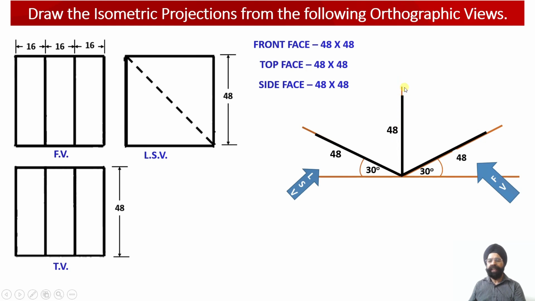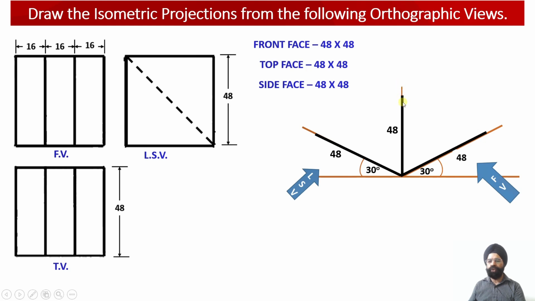We are going to get the construction of the side face, which is the left side face of the object. So if this is the direction of the left side face, then the front view will be lying on this side. So we are going to draw the front view of the solid along the YZ plane over here.